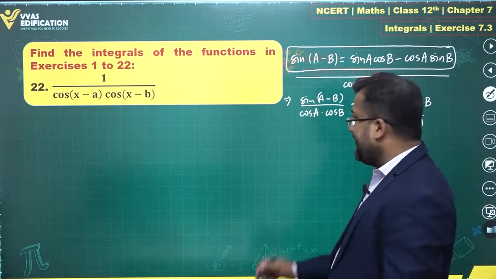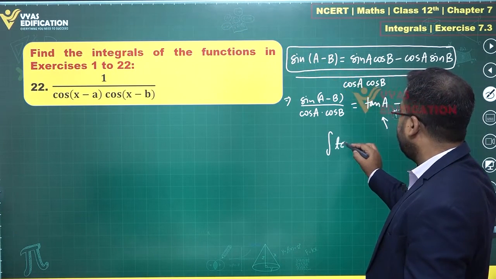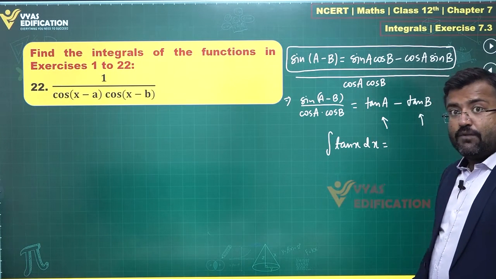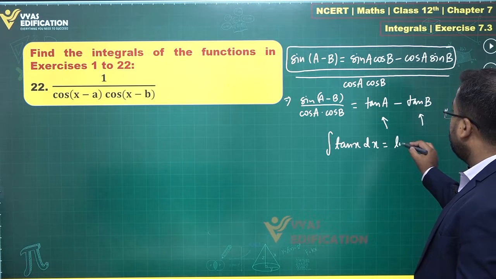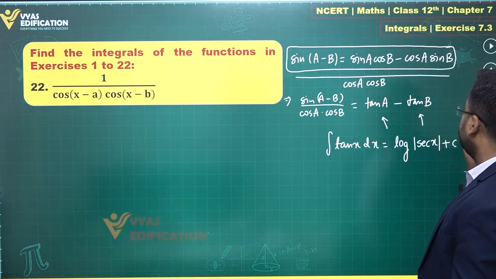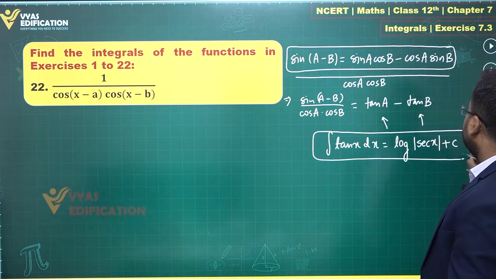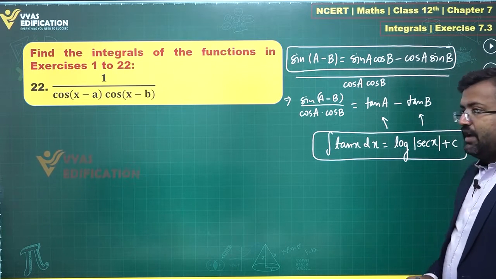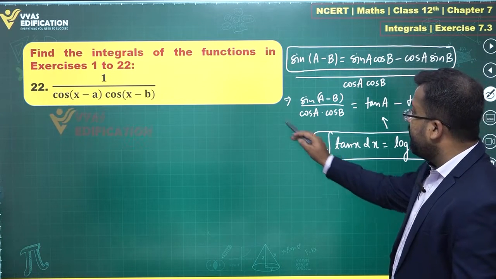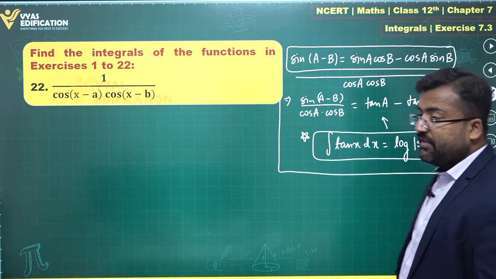Now integral of tan x, let's recall, integral of tan x dx is equal to what? Is equal to log mod sec x plus c, and this is what I'll be using. Integral of tan x is log of mod sec x plus c. This is something that we remember, and this is something that we'll be using.